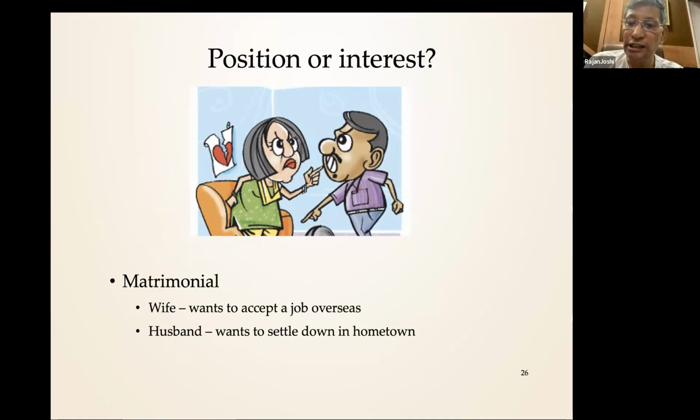Similarly, as far as the equipment sale example is concerned, what would be the position? Positions would be that one person wants to sell, another person wants to purchase, but the interests of both the parties are different. As far as the seller is concerned, it would depend whether he would like to have a long-term relationship, whether he would like to have a one-time deal, how he is looking at the purchaser.